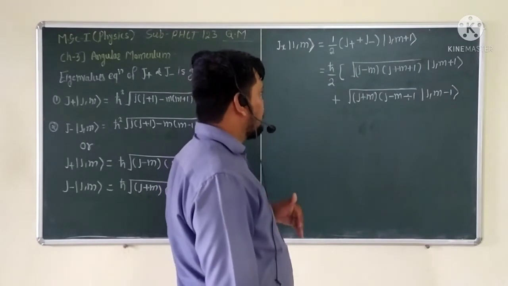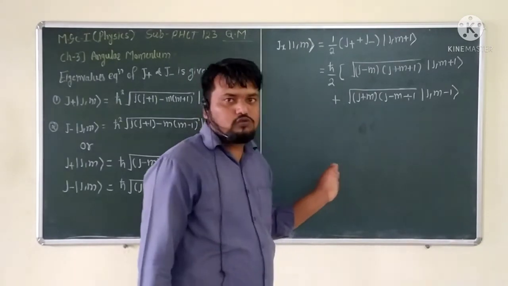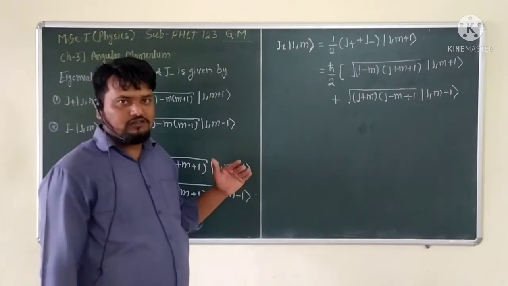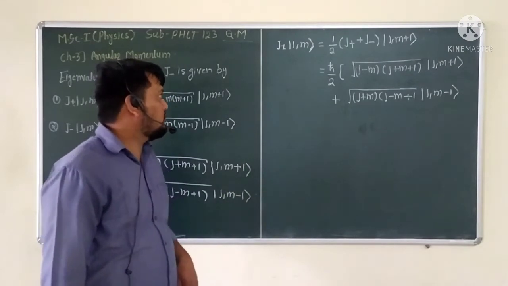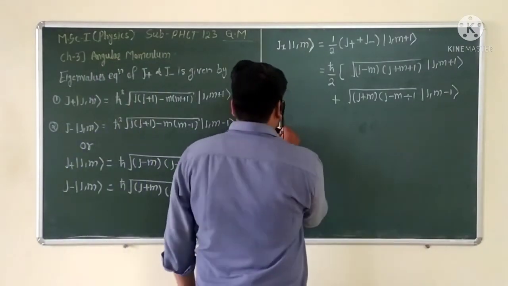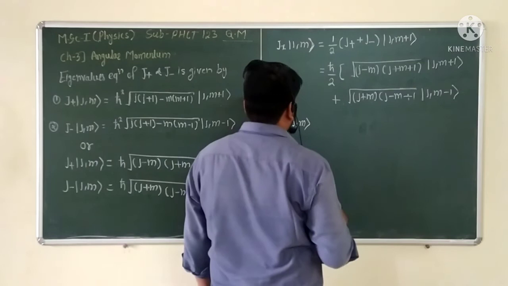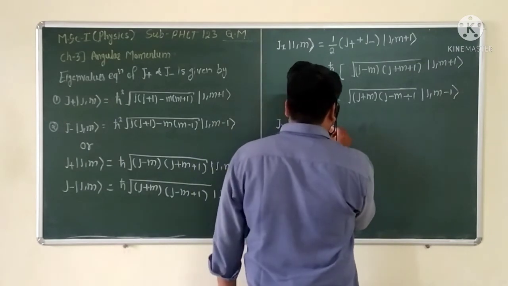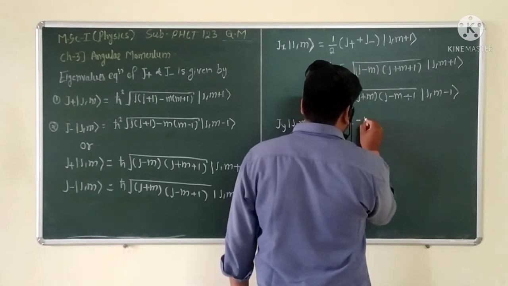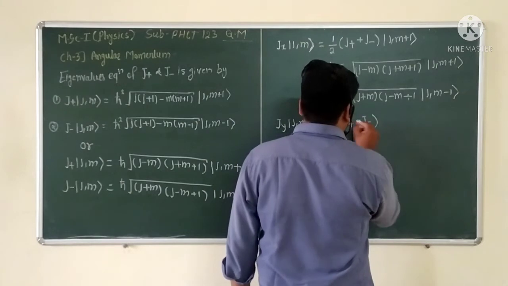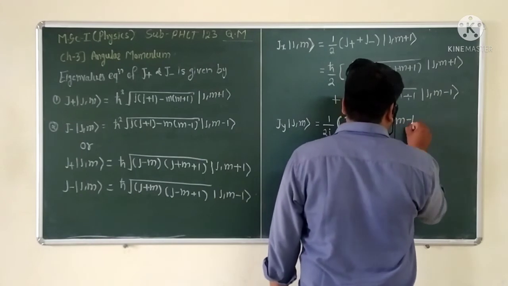You may ask why we have to solve these equations. It is because in the next lecture we want to see the matrix representation of angular momentum, and at that time we will need these eigenvalue equations. Next is the Jy eigenvalue equation, which is 1 divided by 2i times (J plus minus J minus) acting on ket J comma m.